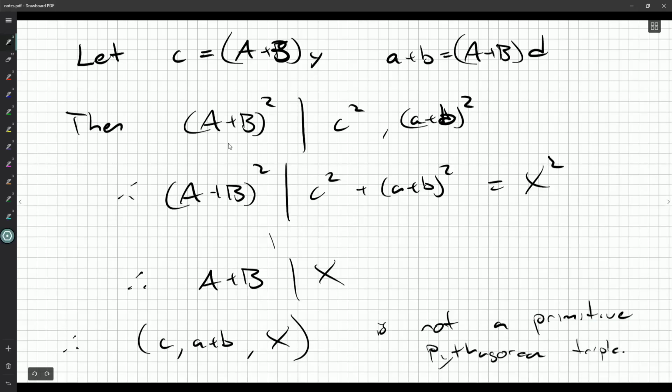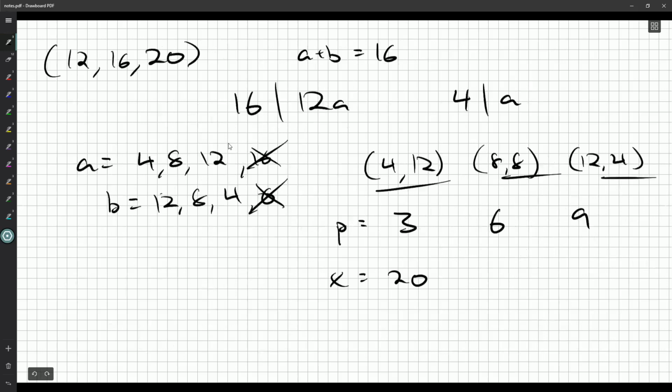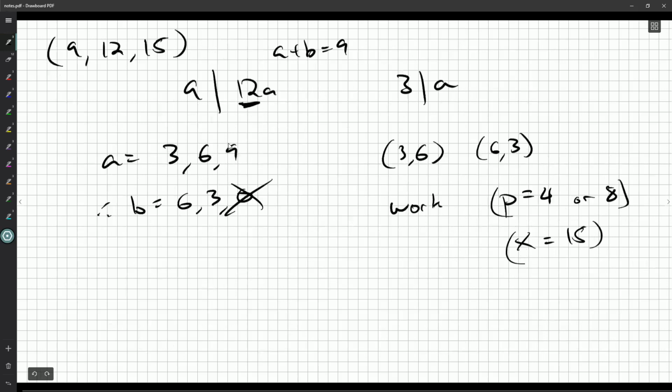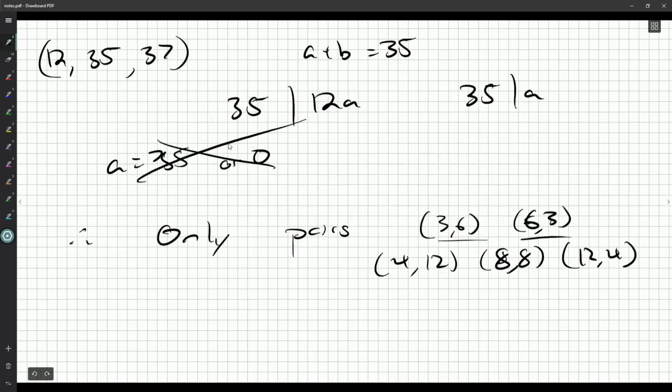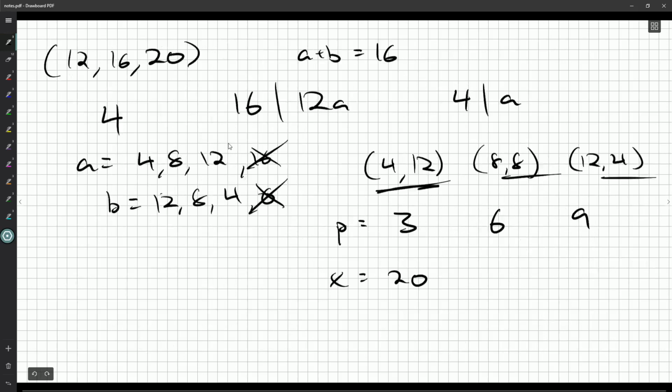Alright, so earlier, in our primitive Pythagorean triple, the common value was 4. Here the common value to all of them was 3. And then when we found these pairs, the A and B were also completely divisible by 4. So I'm wondering if capital A plus capital B is going to be their common factor.